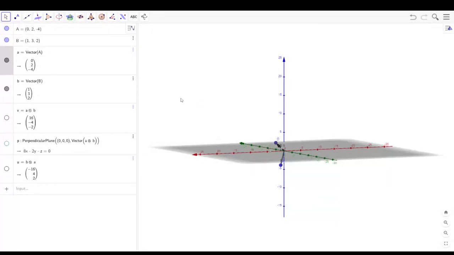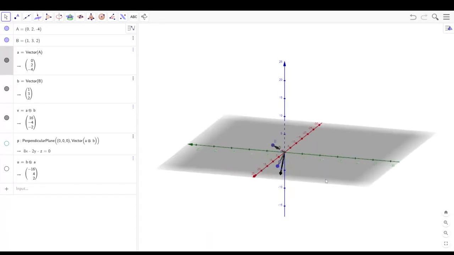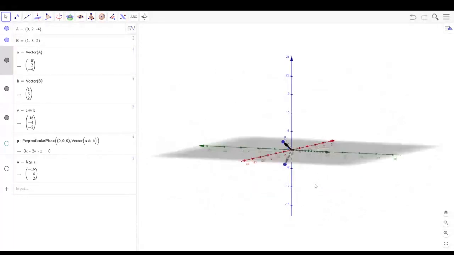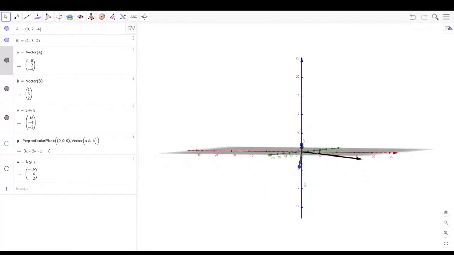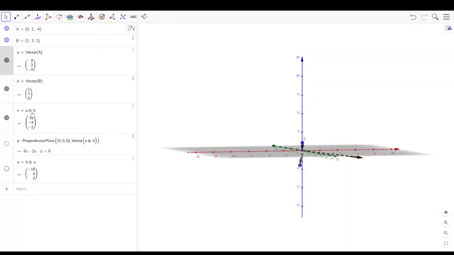All right, so if I take the cross product of these 2 vectors using GeoGebra, what happens? Well, I'm glad you asked. Kapow! We get a 3rd vector. Now, what is the relationship between the 3rd vector and the other 2 vectors? Well, kapow!